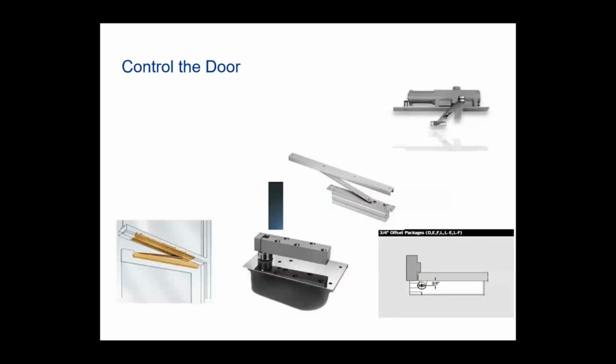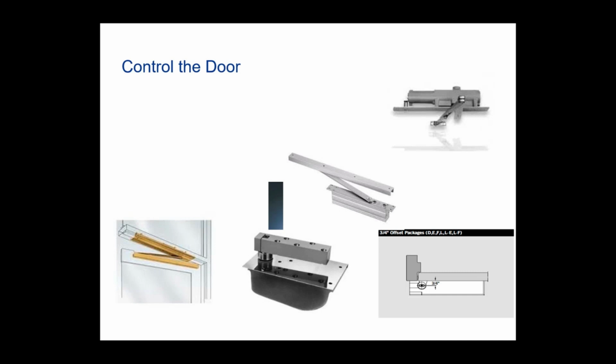So controlling the door, we talked about floor closers earlier. This is one little example that I'm going to show you. But the main thing that I wanted you to take away from this, because we've already discussed recessed floor closers, is that door closers can also be installed into the frame.